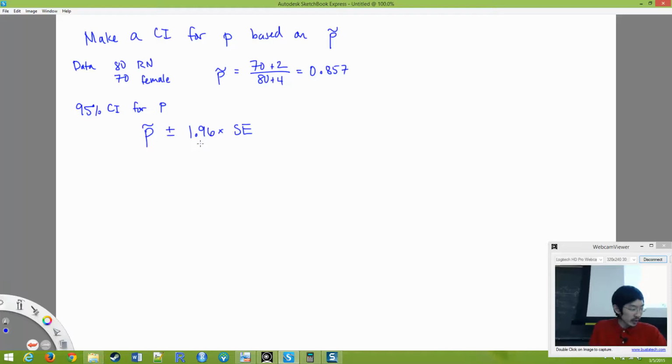1.96 probably sounds familiar to you already. This comes from the normal distribution, where it encompasses the middle 95%. The standard error is the square root of p tilde times 1 minus p tilde over n plus 4.